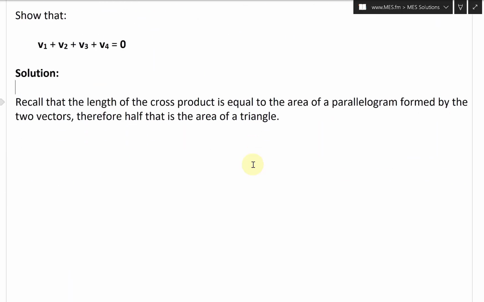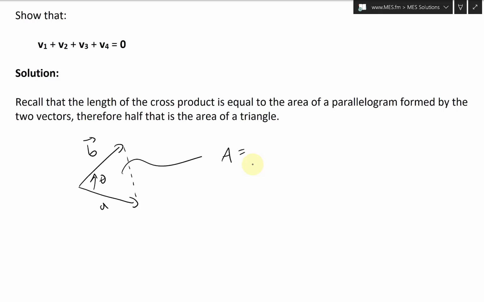So if we had a vector A and a B vector, with an angle theta, the area of this triangle is going to be 1/2 the length of the cross product A cross B, as I showed in my earlier video. If you ignore that half, you get the parallelogram. It goes like this, but we're dealing with half.